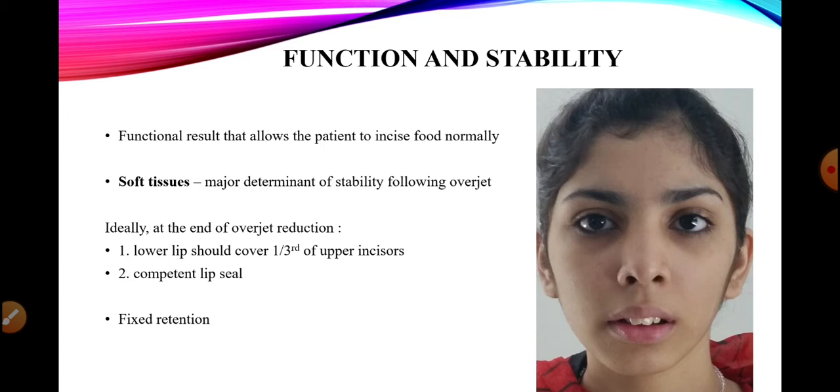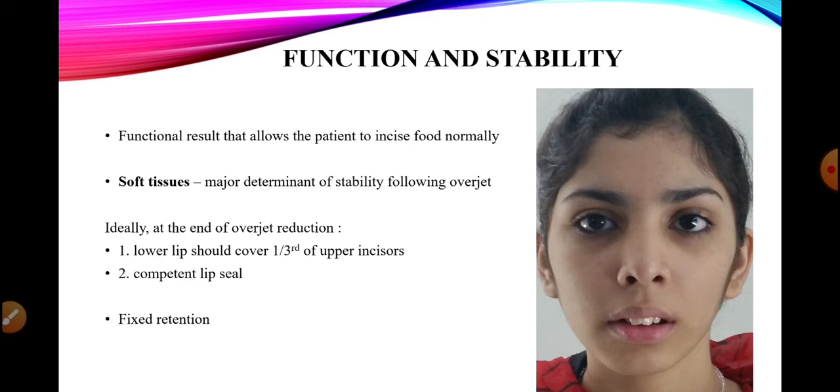And when we talked about the stability, we said that the soft tissue is the major determinant of stability in case of class 2 division 1, and in ideal circumstances the upper incisor is covered by the lower lip to its 1/3, and because of this coverage, the upper incisors do not procline in normal circumstances.